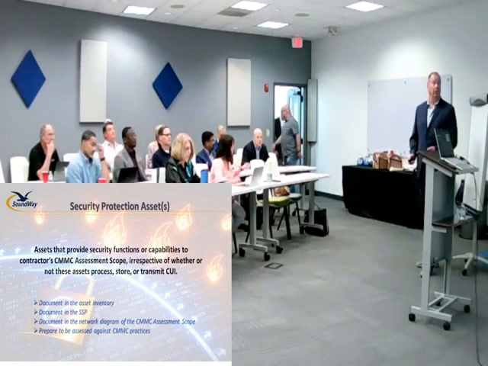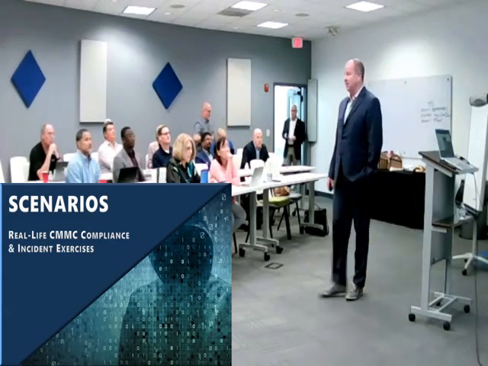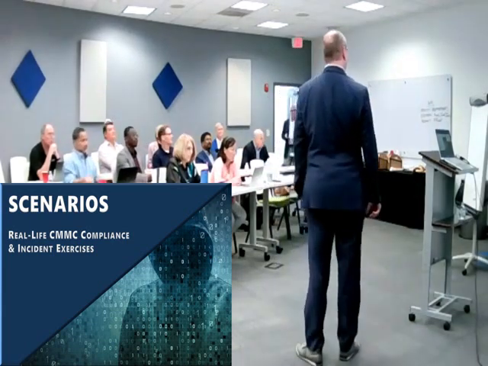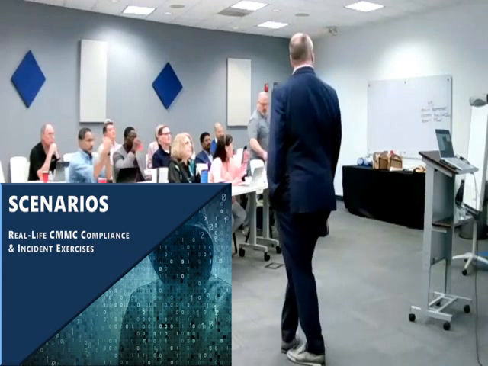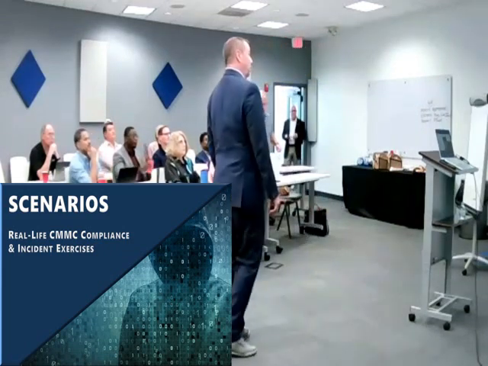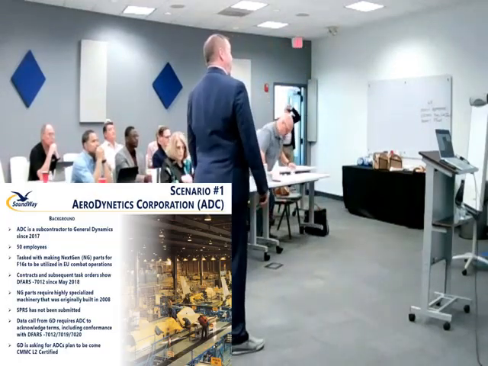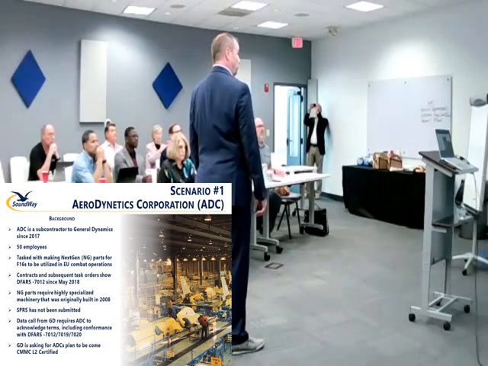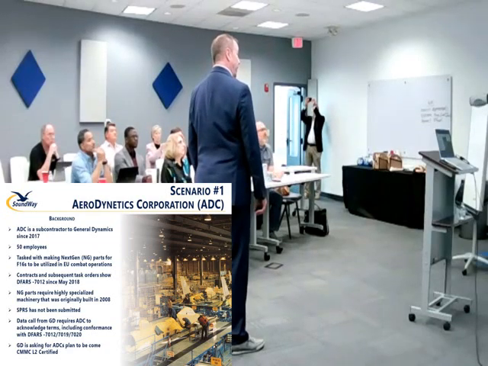So, real life scenario. Here's contestant number 1. You have a defense contractor that is supporting a large prime. 50 employees. They are tasked with making next generation parts for the F-16 Falcon, to be utilized in European combat operations.